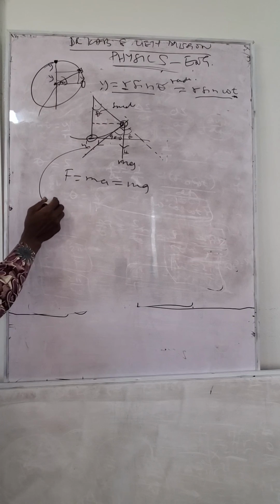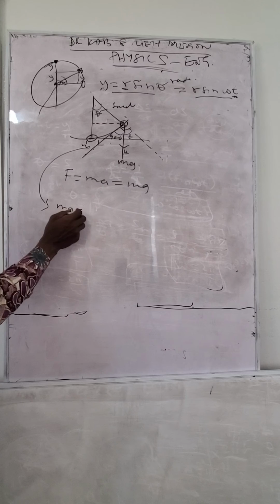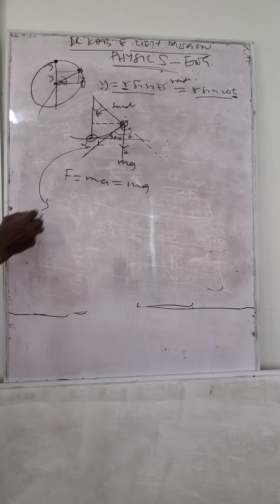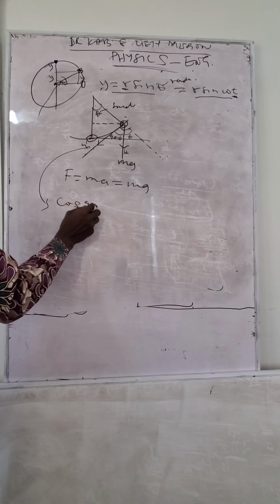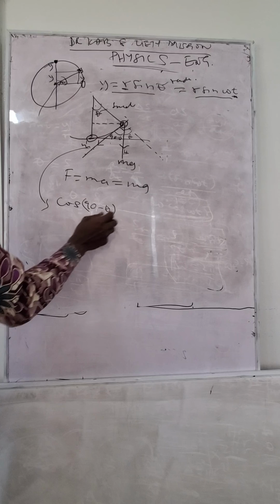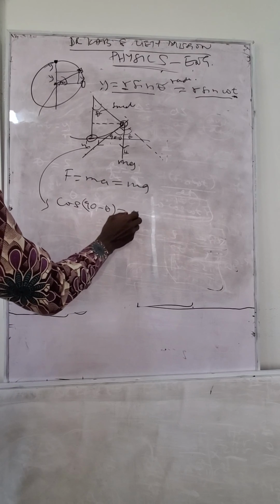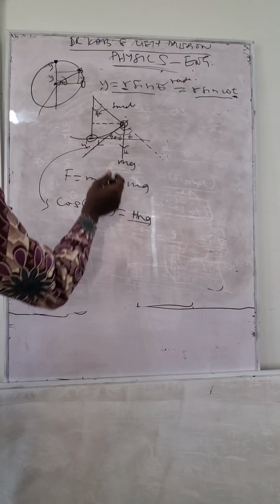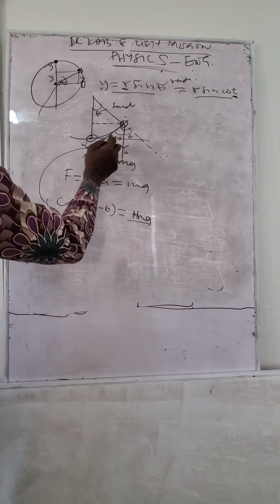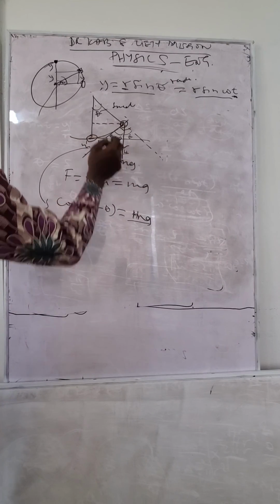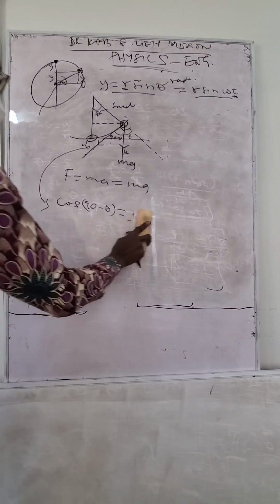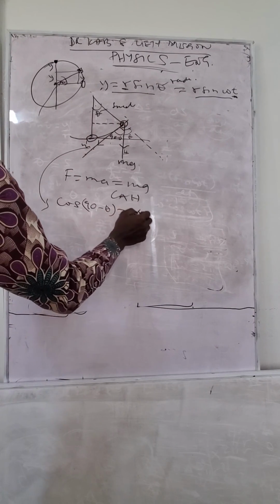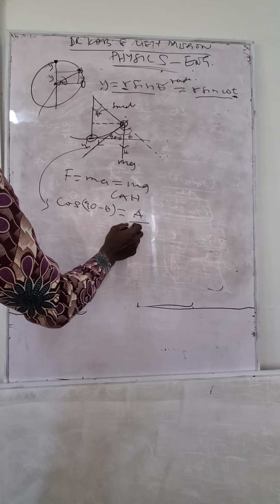The force, which is mg, will be related by cos of 90 minus theta, which is equal to adjacent over hypotenuse, where the hypotenuse is our mg.